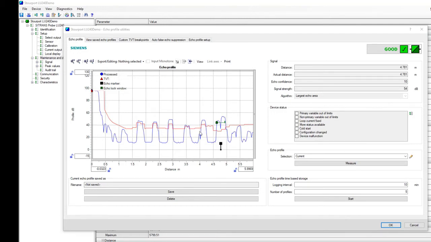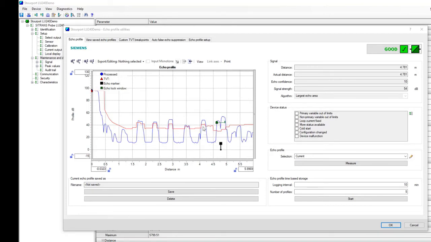Now, when you look at the algorithm, we're looking here at the largest echo, which is the amplitude, and the area. We can't affect the amplitude of the echo. That's the signal coming back. That's how well it's bouncing off the material level. We can't affect where the echo appears in the list.